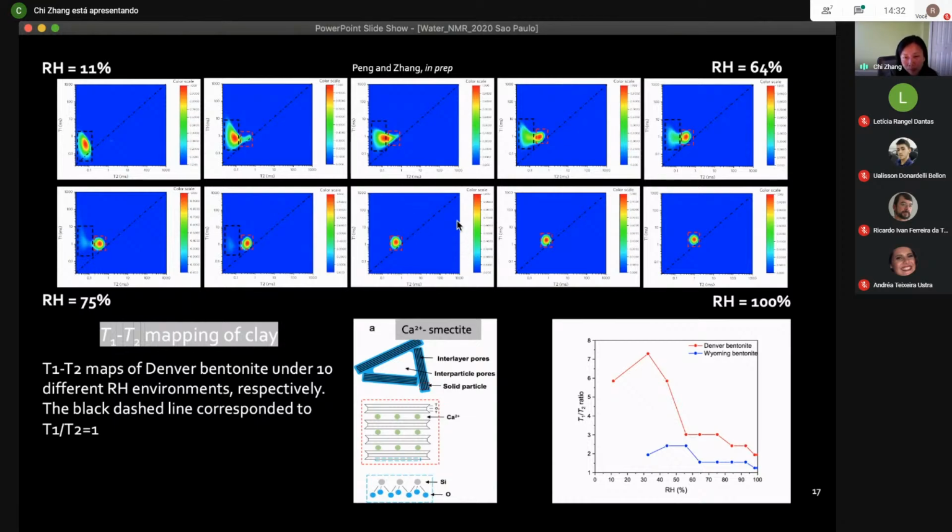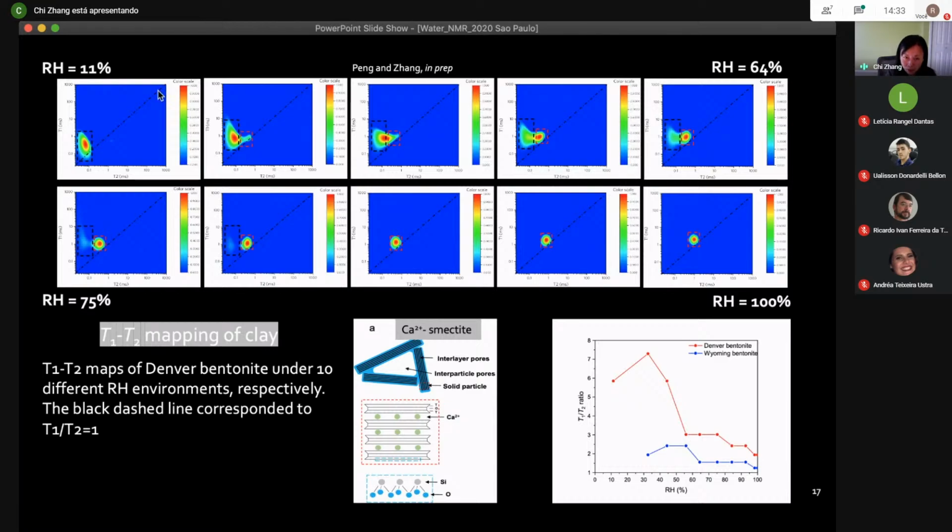In this experiment, she prepared a lot of clay sediment samples, and by varying the water saturation degree, in this case we use the relative humidity as an indicator from 11% all the way to 100%, we measure the T2 relaxation time at different stages. We also measure the T1-T2 mapping at the different saturation degrees for this clay sample.